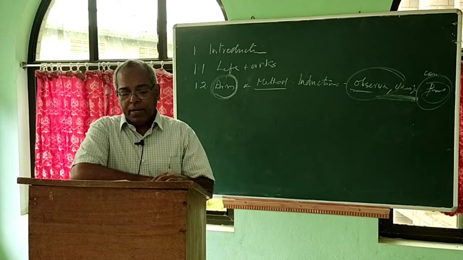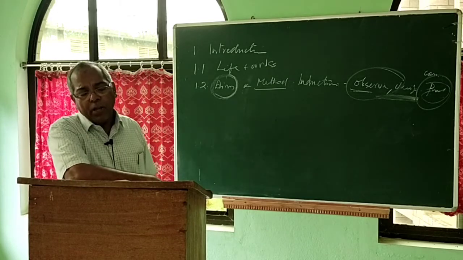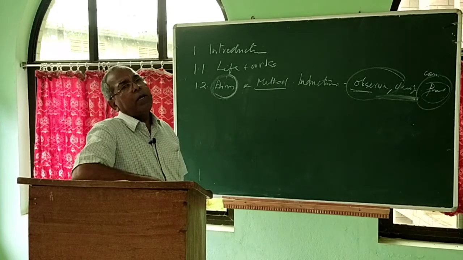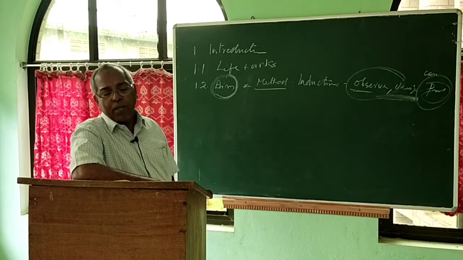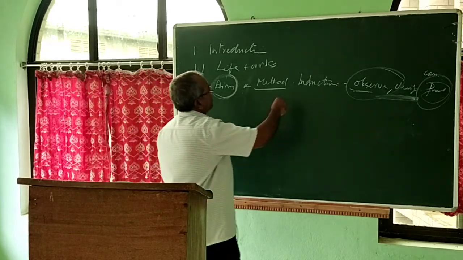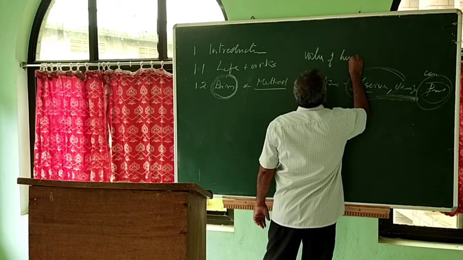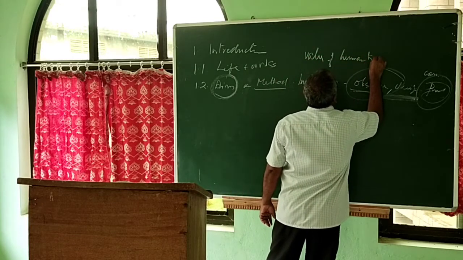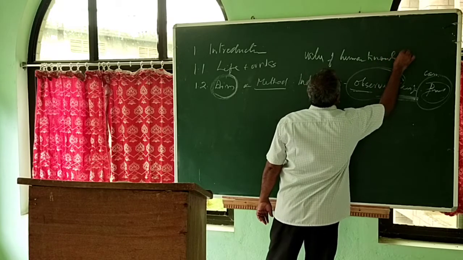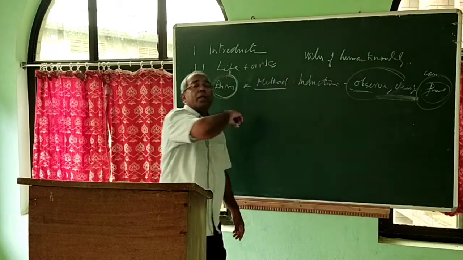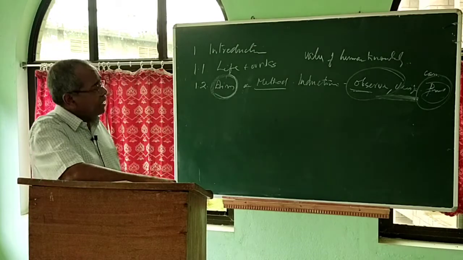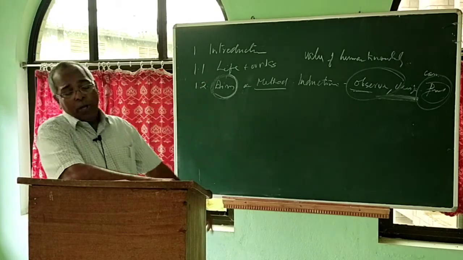Aim and method. The main aim of his philosophy was to resolve the problem of the value of human knowledge. That's why his famous work is An Essay Concerning Human Understanding. So, the value of human knowledge.